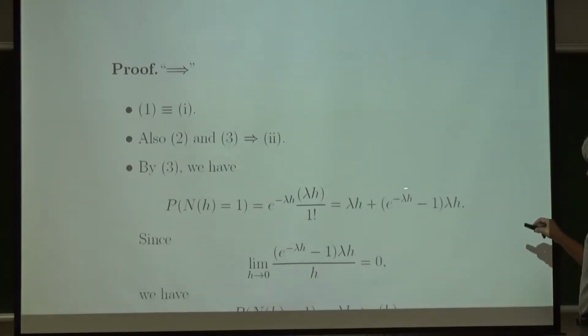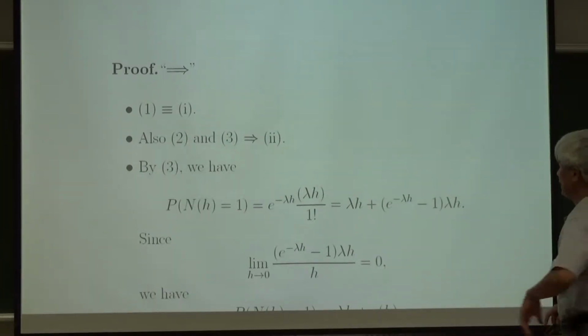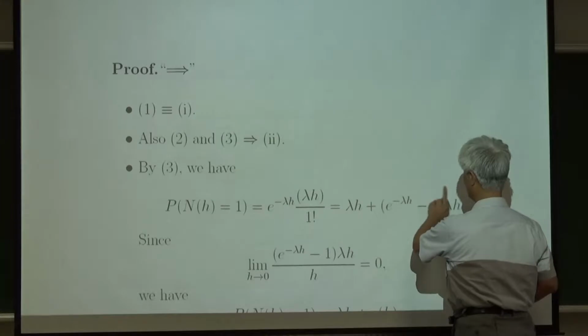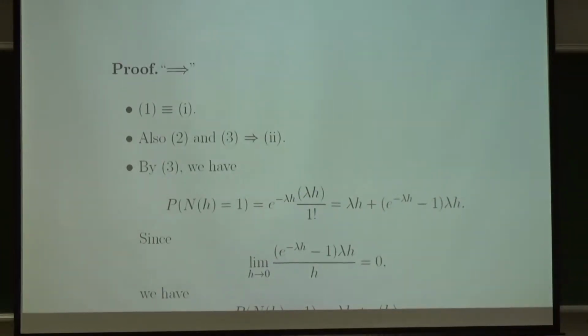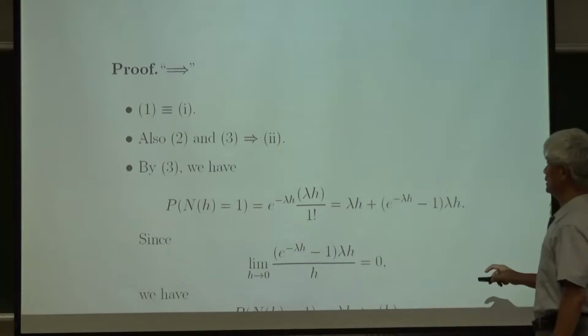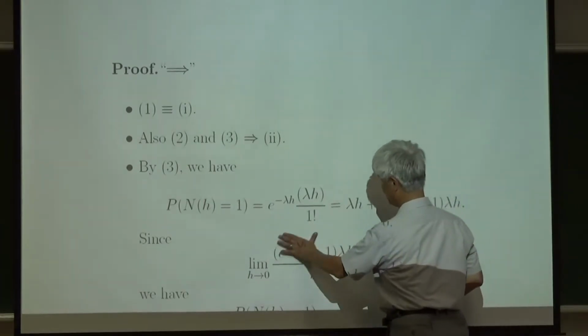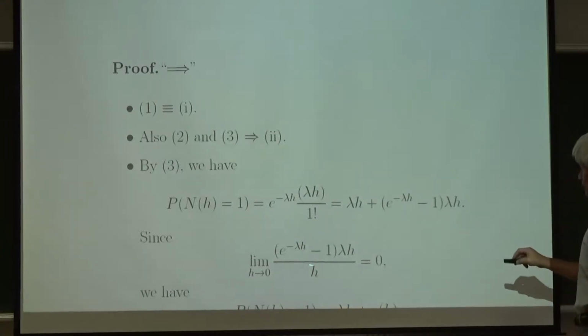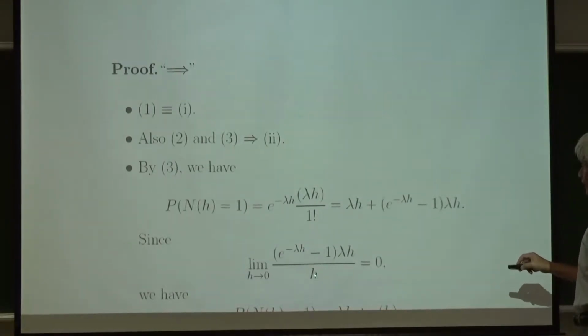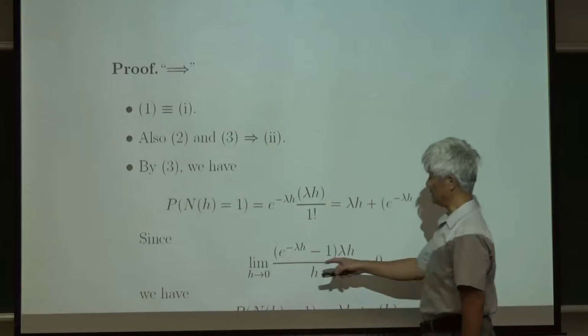We can express this term as two terms. Look at the second term. We claim that the second term is a little o function of h. To check whether this term is a little o function of h, we just divide the function by h and let h go to 0.